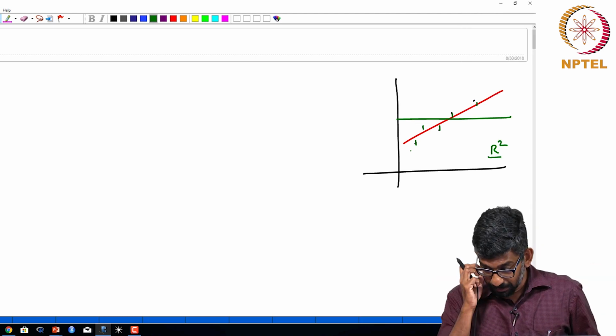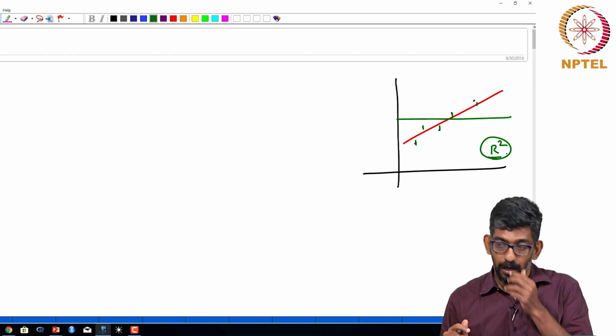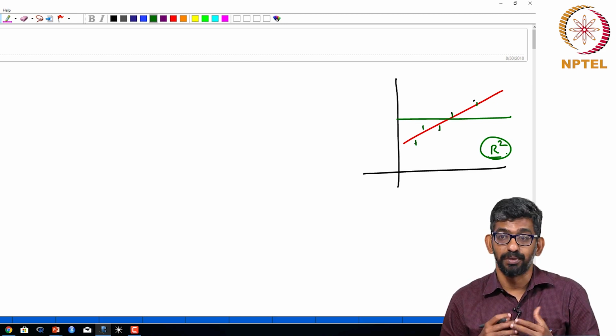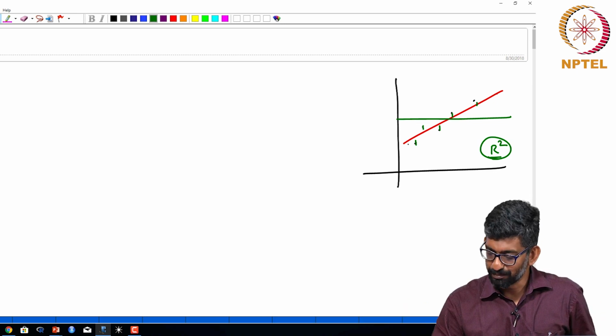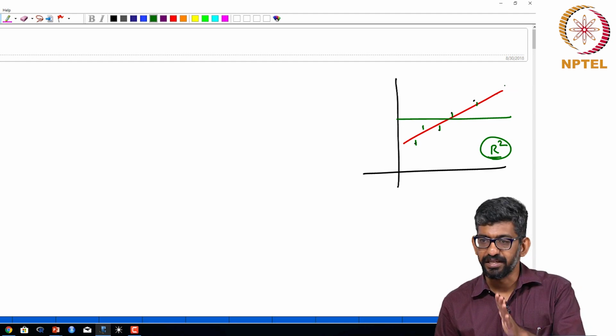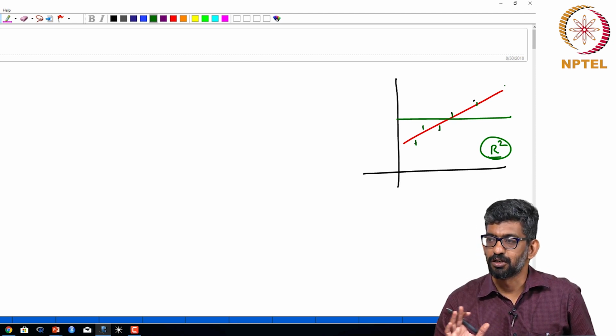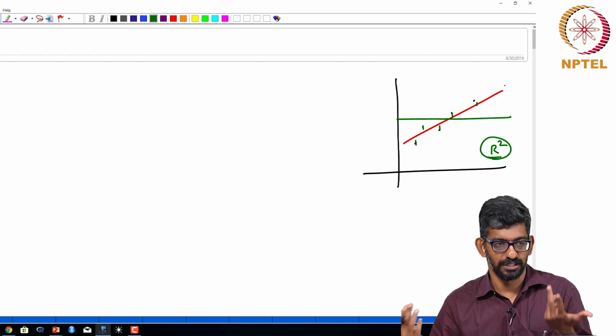Now, what this R squared also says is how much of the variance is explained. The line passes through the set of points, and how much of the variability in the points does this line capture? There is always some variability that is not captured, that is what R squared says.